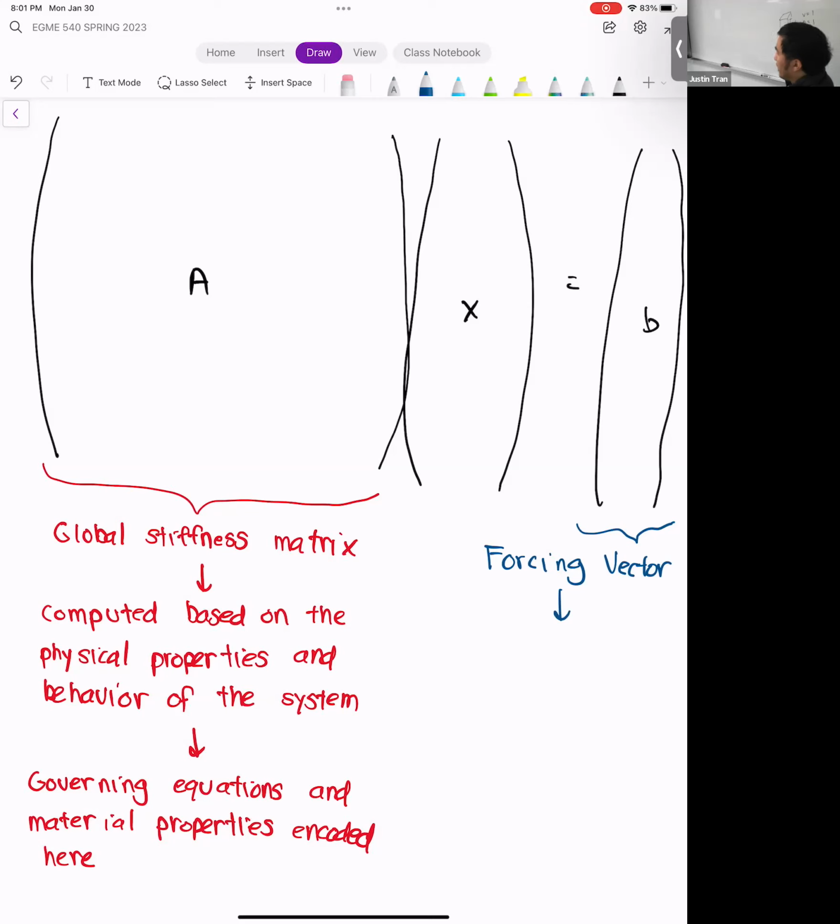So what goes in the forcing vector? The reason it's called the forcing vector is that any external effects that force your system to respond go into this vector.